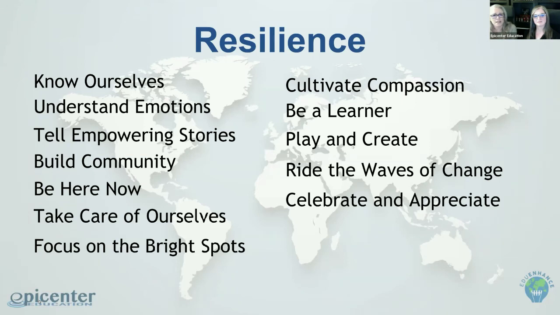Then she tells us that we have to be in the here and now. And what she means by that is simply being present. We have a tendency, especially when we're behind a screen, and students too, which is why it results in low engagement, we tend to disconnect and live a little bit in our heads and not be fully present. It takes an active choice to be fully present.